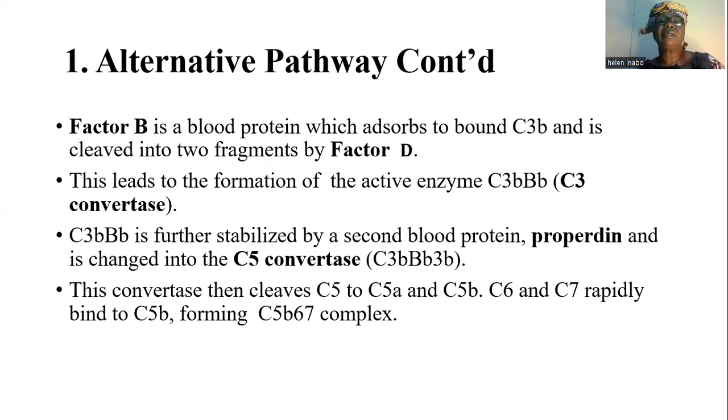What is C3B bound to? The LPS, lipopolysaccharide of the gram-negative cell wall, and is cleaved into two fragments by factor D. This leads to the formation of the active enzyme C3 convertase, which is C3BBB, and is further stabilized by a second blood protein, properdin, which is changed or converted to C5 convertase, C3BBB3B.